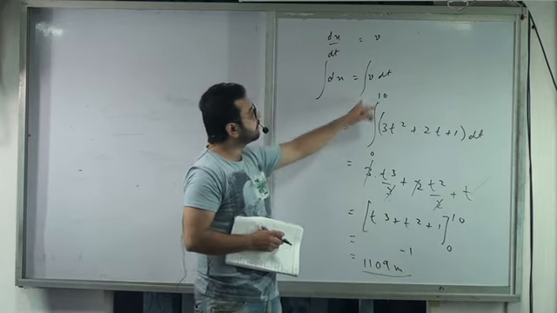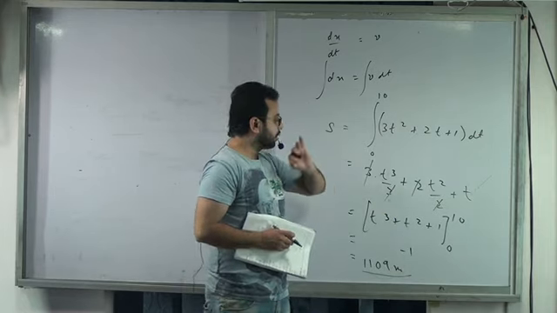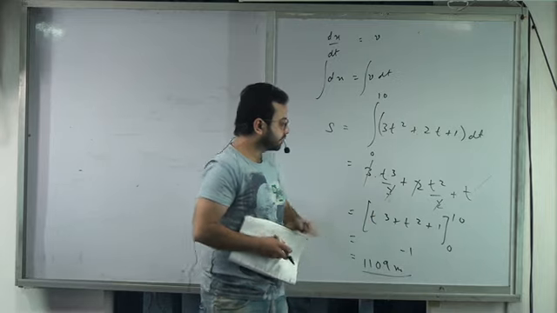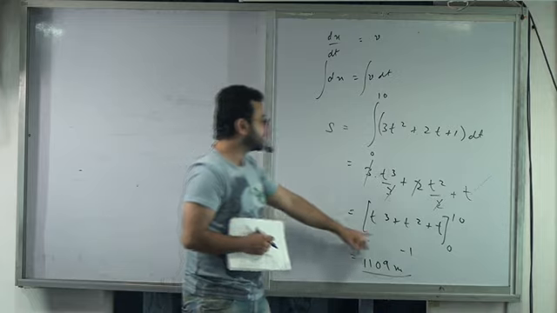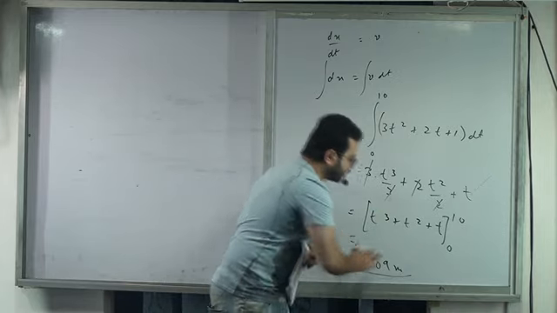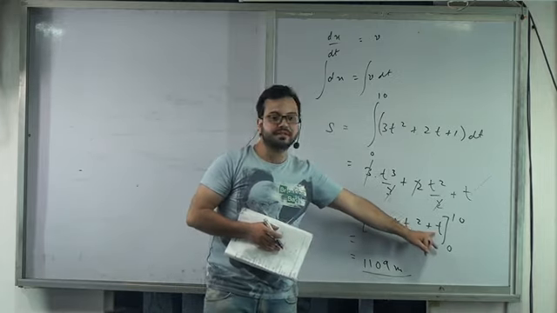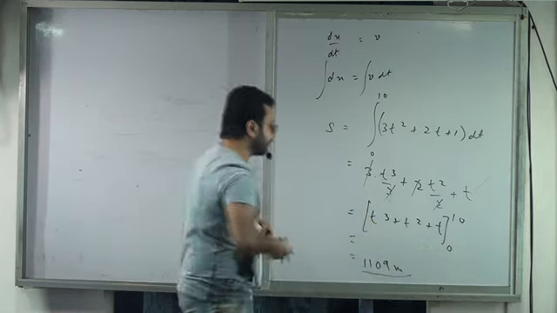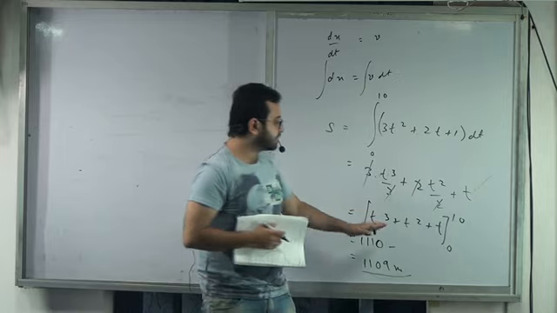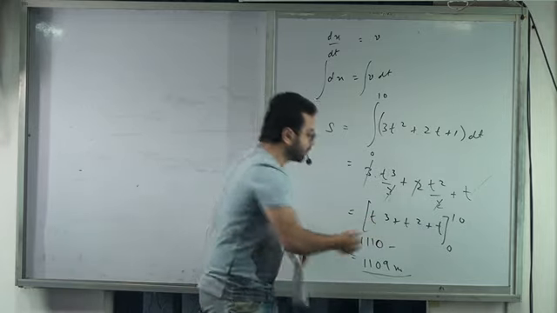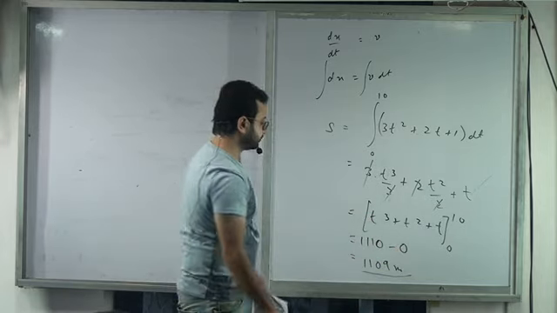I'm integrating it within the limits of 0 to 10. So why shouldn't I put the limits? Oh, sorry. So this is t. My bad. This is t. So this will give me 1000 plus 100 plus 10. So that will be 1110. Yes, you are right. Minus 0 0 0. So this will become 0. Yeah, you are right.